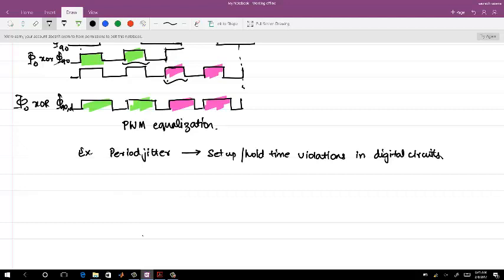This is a more classic example for the period jitter. Let's say you have a D flip flop with a clock, and this is the output. D is the data coming in.